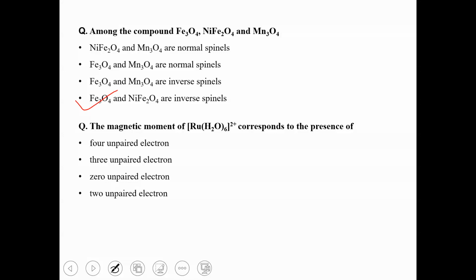Okay, yeah. The next important question is the magnetic moment of this ruthenium complex corresponds to the presence of, you have to identify the unpaired electrons in this one. It belongs to the iron group. Okay, and what is the electronic configuration? Since it is in the +2 oxidation state, it will be having 4d6.